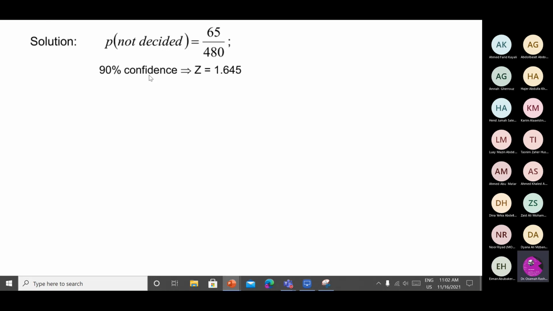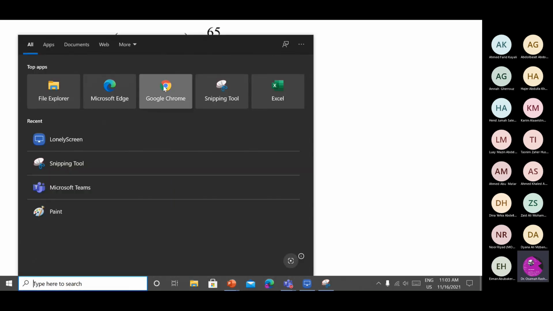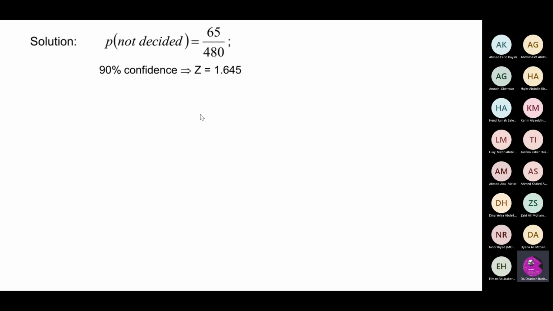I'm looking for alpha. I am given a confidence level of 90%, so alpha will be 10%. So I'm looking for Z alpha over 2. How can I use the Z table? I'll go to Google and look for the Z table.